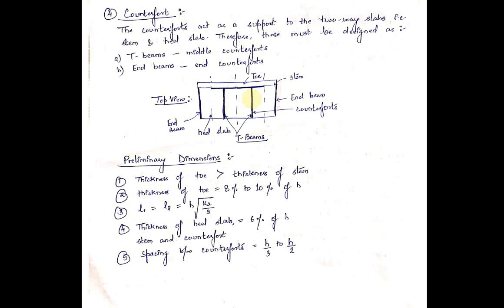If you see the intermediate counterforts, and if I divide these counterforts by passing an axis centrally, you can see in this diagram, these counterforts act as a T. So the intermediate counterforts are designed as T beams, and the end counterforts are designed as end beams.